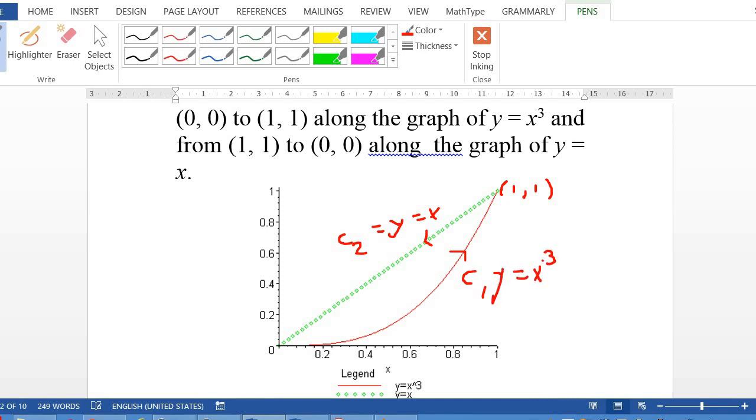Hence without using Green's theorem, you need to do the line integral on curve C1 added up with the line integral on curve C2.